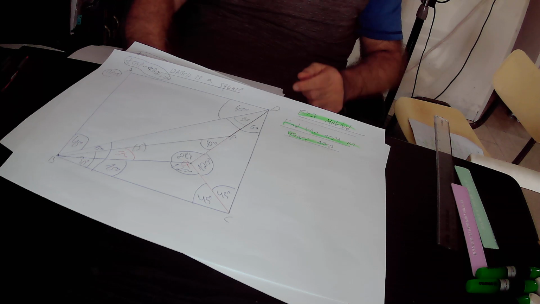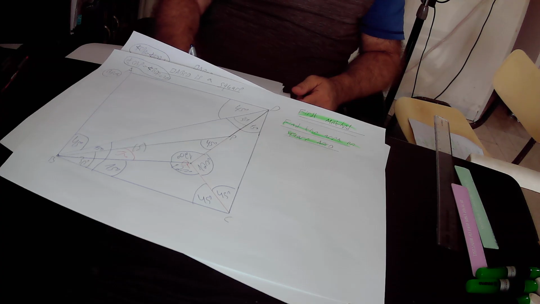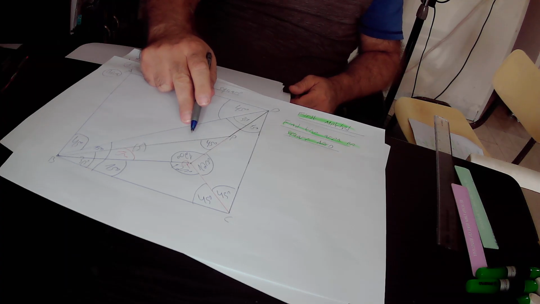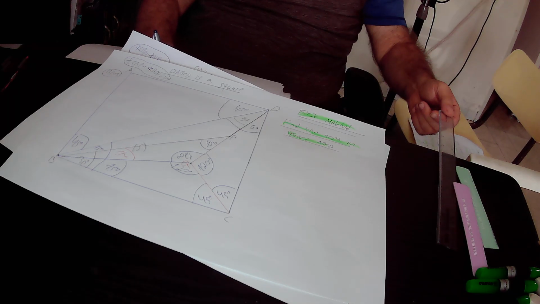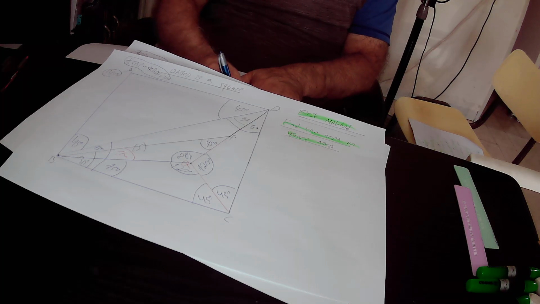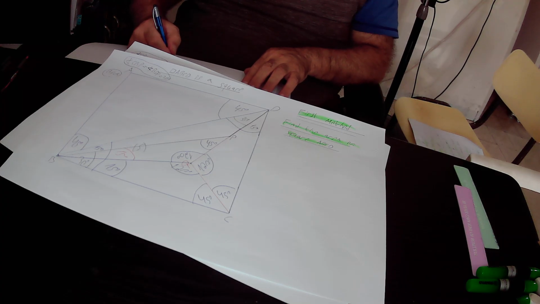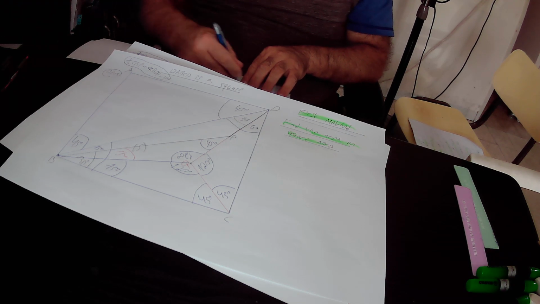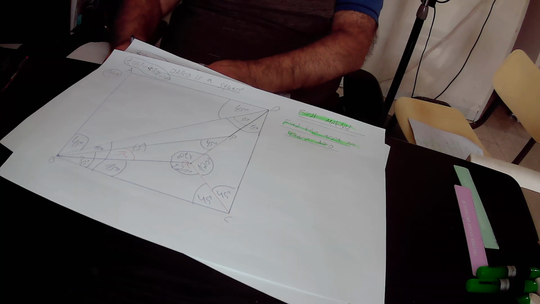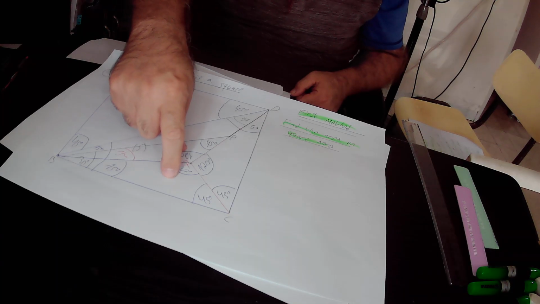So we have to form that triangle BQC, the lower triangle, is congruent to this triangle PQB according to the angle, side, angle rule.